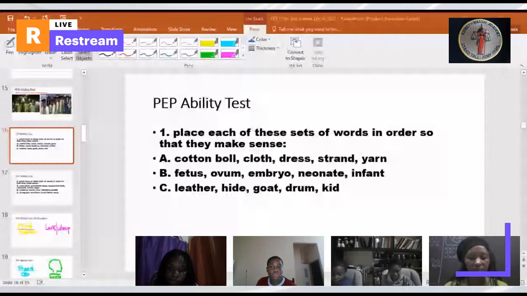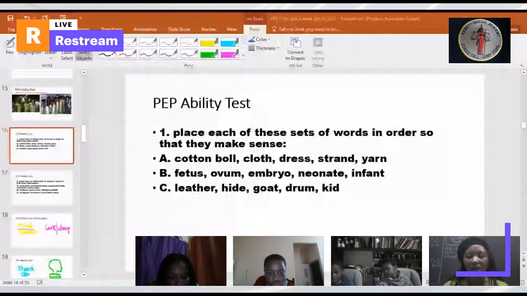You missed it by one little error there. You want to try again? Yes, Miss. Try them in the order again. Ovum, neonate, embryo, fetus, then infant.